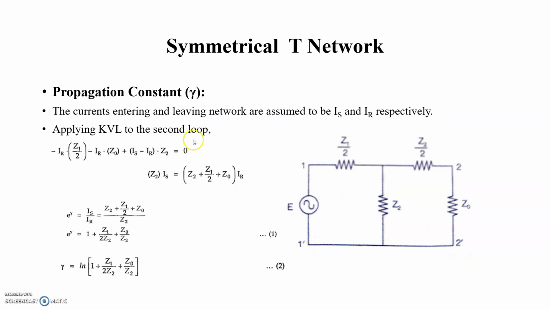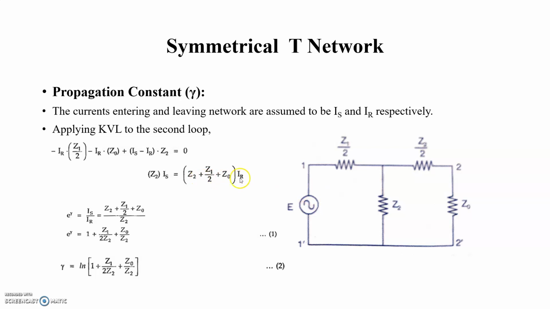Next, the propagation constant gamma. In this circuit, this is a T network. Here you are assuming the entering current and the leaving current: the entering current is IS and the leaving current is IR. Applying KVL for the second loop: minus IR into Z1 by 2, minus IR into Z0, minus (IS minus IR) into Z2 is equal to 0.